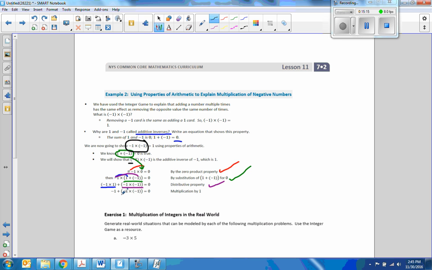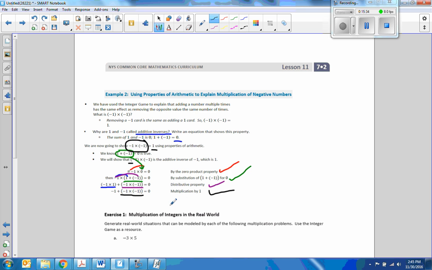Okay, so this is equal to 1 right here. It says it right here. -1 times -1 equals 1. So -1 times -1 is 1, so -1 plus 1 equals 0.